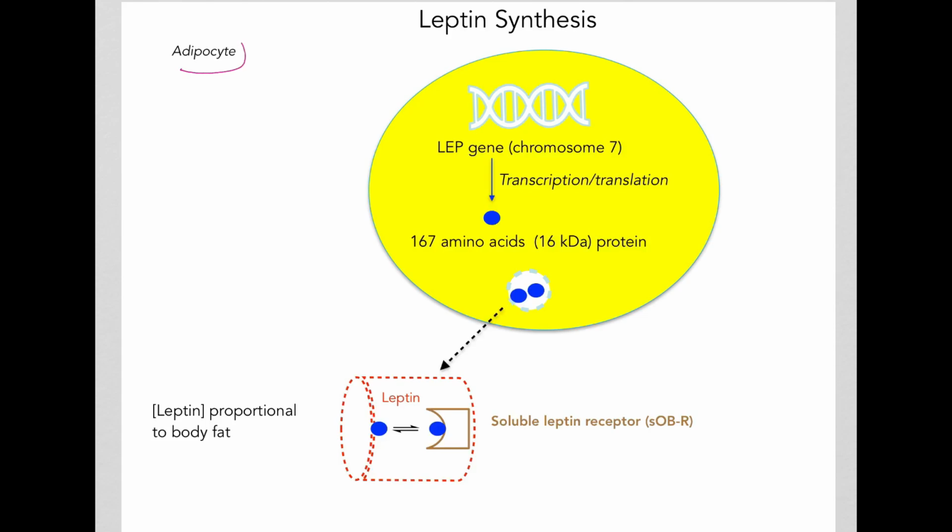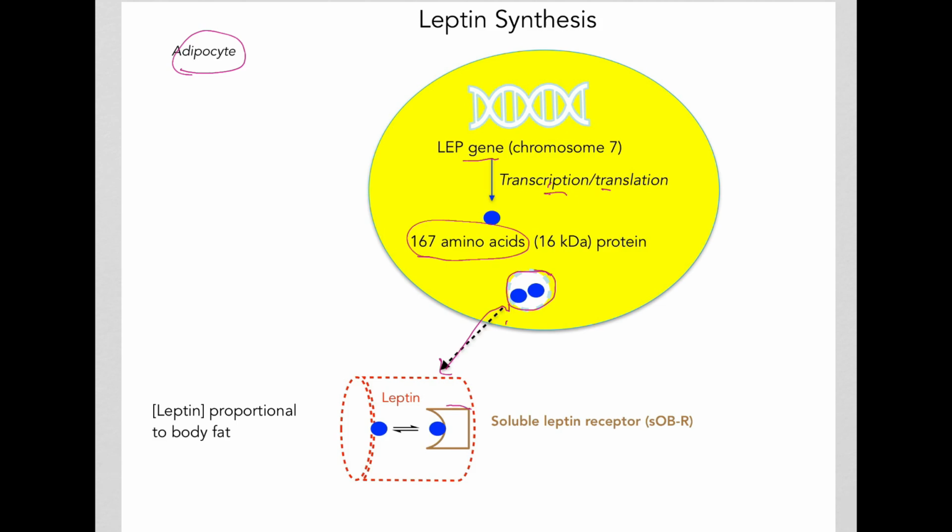Leptin is mostly synthesized by adipocytes. The leptin gene is on chromosome 7. This gene is transcribed and then translated to form the protein leptin, which has about 167 amino acids. This protein then is secreted by the adipocytes into the bloodstream.